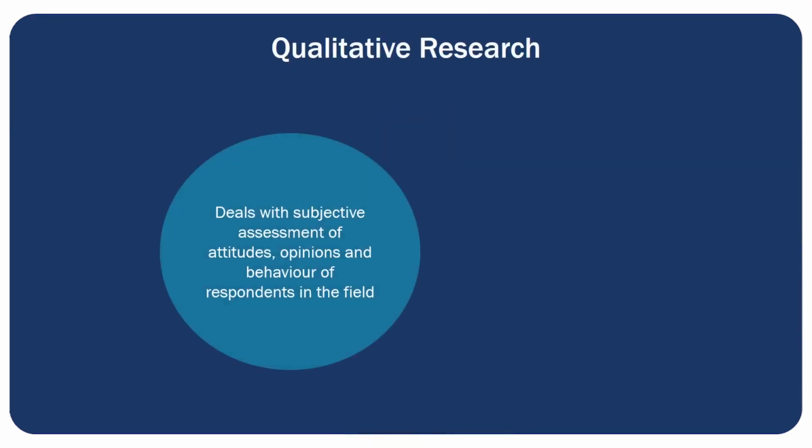That means if I have some problem or the respondent has a problem, that can influence the flow of information. It is basically a subjective assessment of the attitudes, opinions or behavior of the persons who are giving us the information in the field context. We have to evaluate or analyze that.